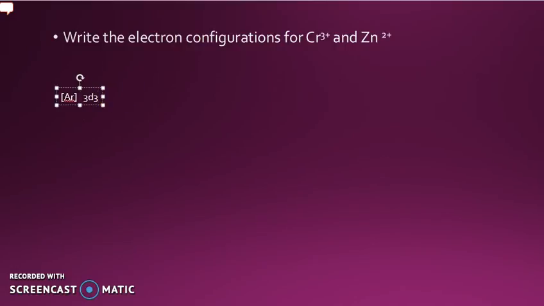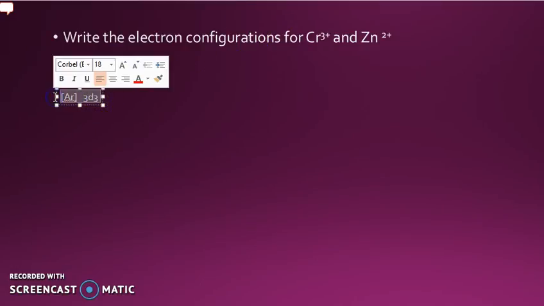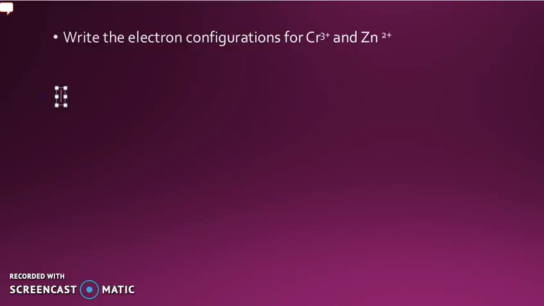Zinc +2. So for zinc, it would be argon as the noble gas directly before it, and then zinc has 30 electrons, so it would be 4s2 3d, and that d sublevel is filled, so 3d10.